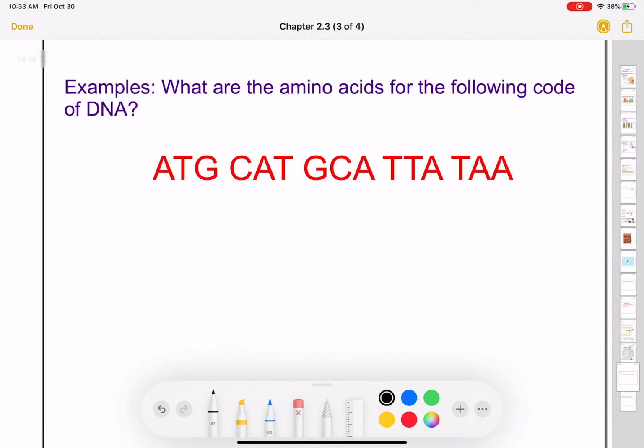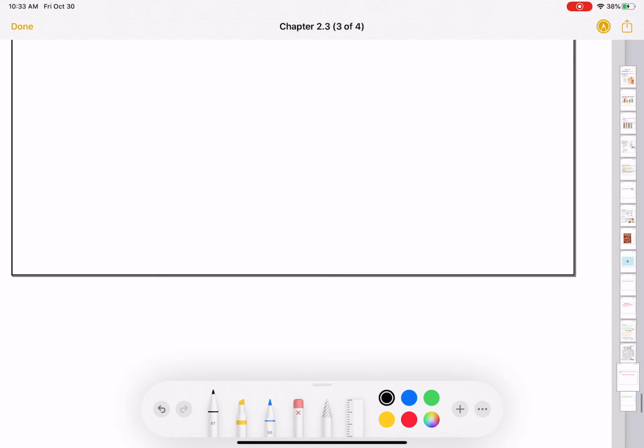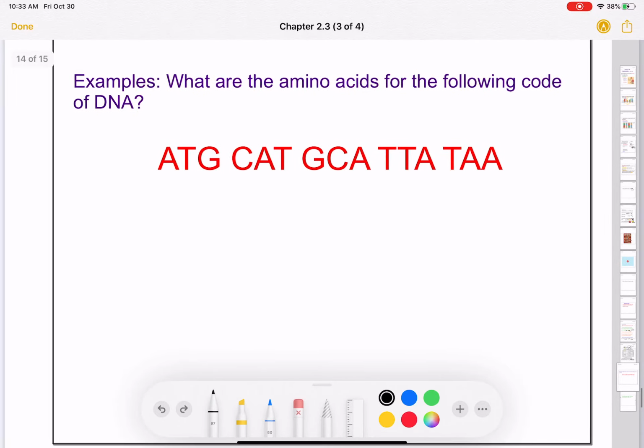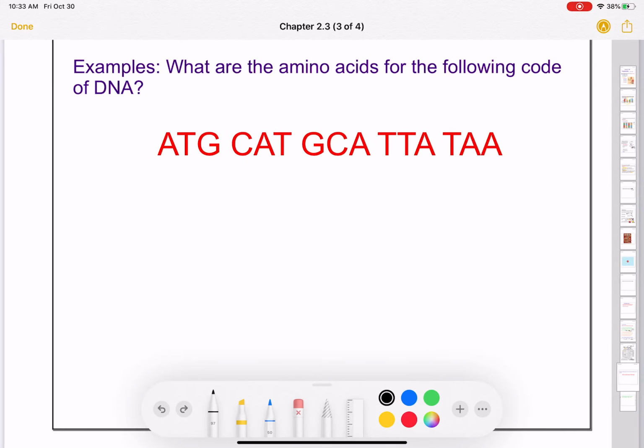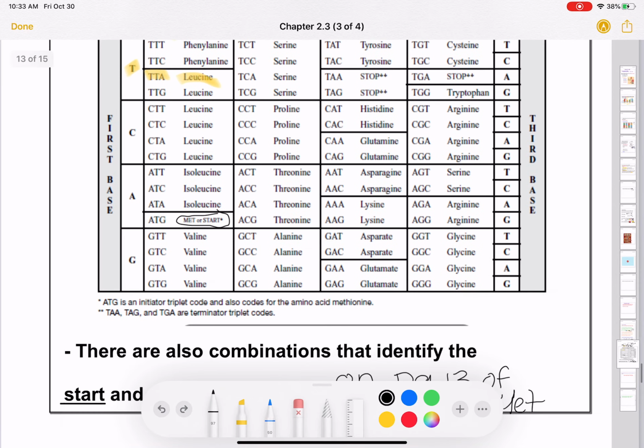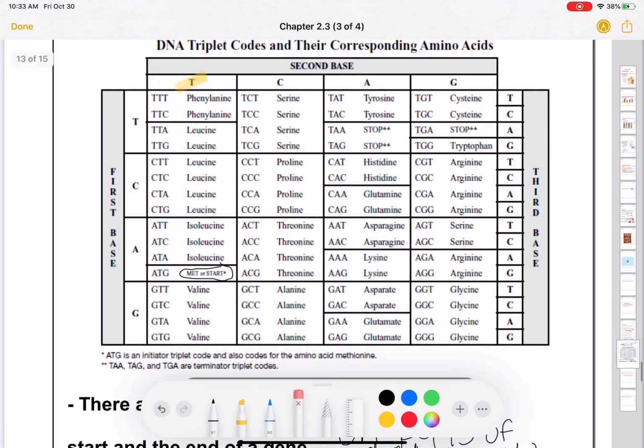So let's do an example. I already did an example, but what are the amino acids for the following codes? The code of DNA. So it's ATG. So if we go to our page up here to look for ATG, I'll get rid of my coloring already.